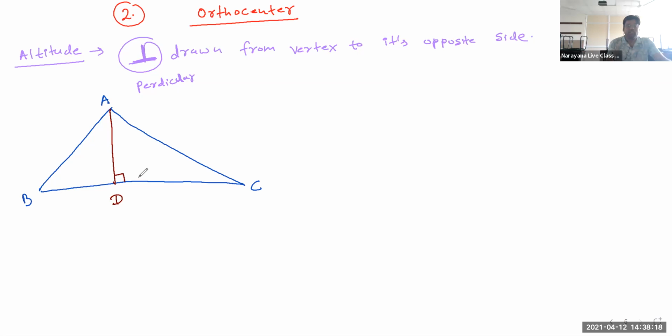No. D is not necessarily the midpoint of BC. In some special types of triangle, it might be possible that D is the midpoint of BC, but in general it is not. If D is the midpoint of BC, then AD will be the median.